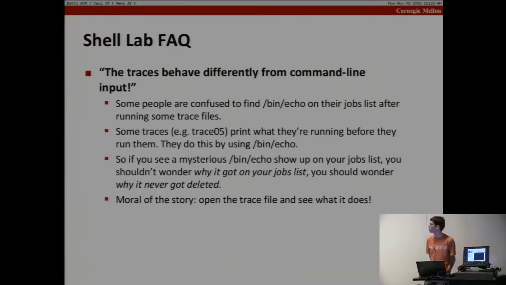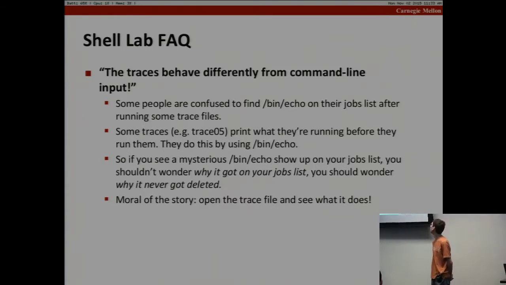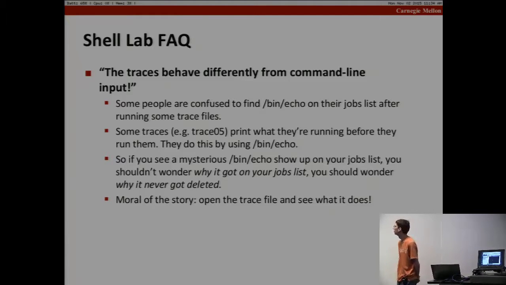So a couple things about shell lab based on what we've heard. One of the things about the traces, in case you haven't noticed, is the way the traces work is they run echo to print out what it's about to actually run during the trace file. So if you are seeing echo in your job list when you run a trace, what that means is that you didn't remove it properly, because the echo is a foreground process and it should go away before it actually runs the real process.